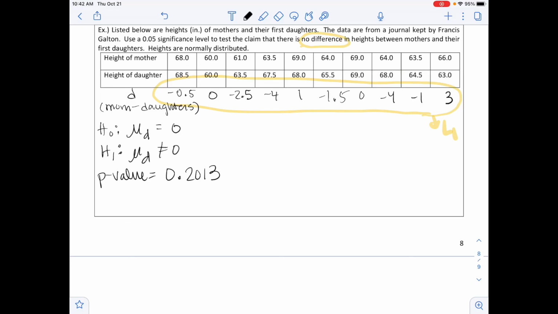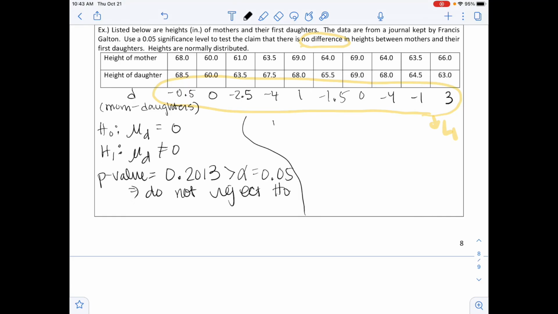And this is greater than alpha, which is equal to 0.05. And so this means that we do not reject H naught.